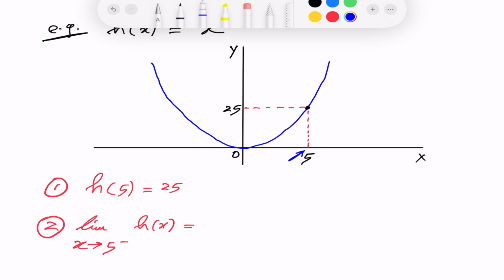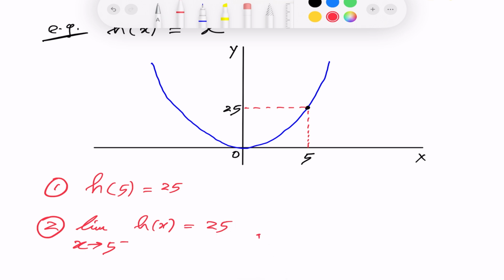That means a value such as 4.99999. And very clearly, using this graph, we can say that value should also be approximately equal to 25. Therefore, the left hand limit is equal to 25.